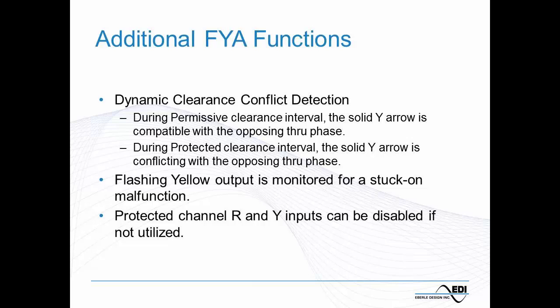So we will see a fault shown on the monitor. When you look at the program card, the first observation will be, wow, I have a jumper installed. Those are supposed to be permissive. So again, it's a potential confusion factor. Make sure that you recognize that depending on the sequence, when the conflict involves the flashing yellow arrow, solid yellow signal, it may or may not reflect what the jumpers are on the program card.